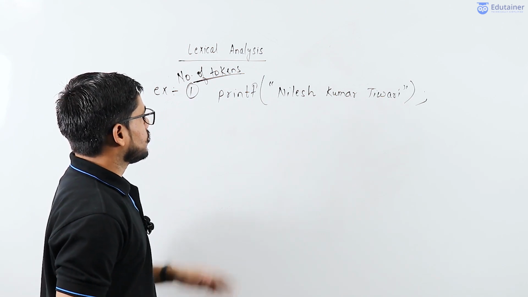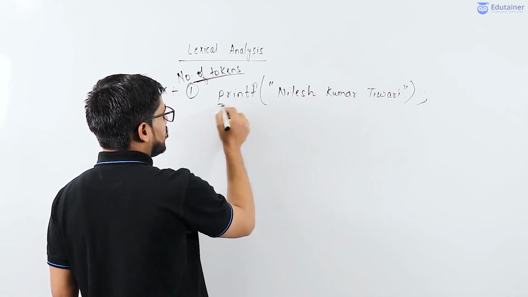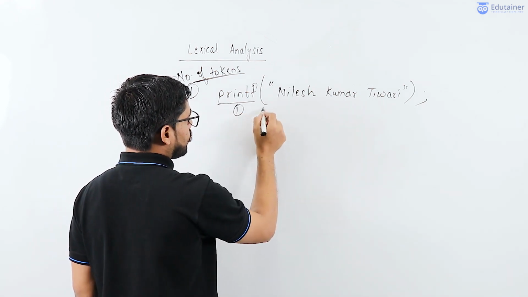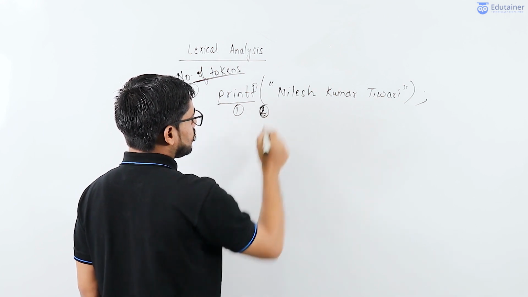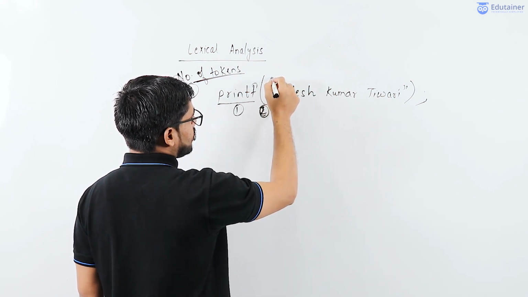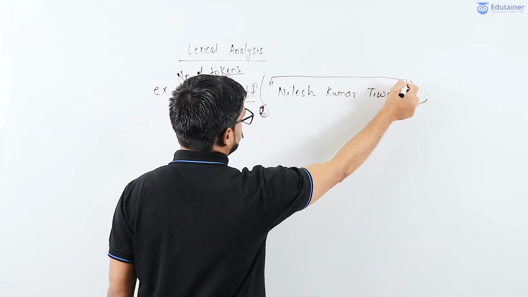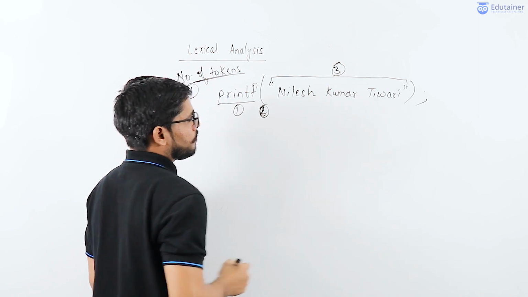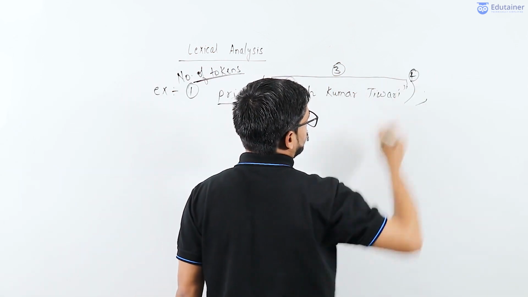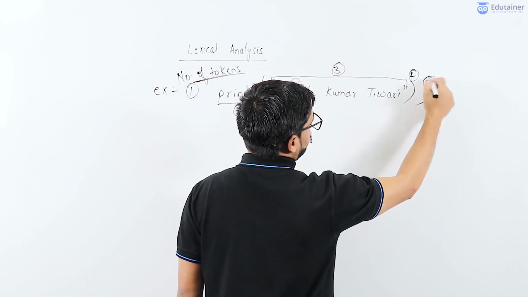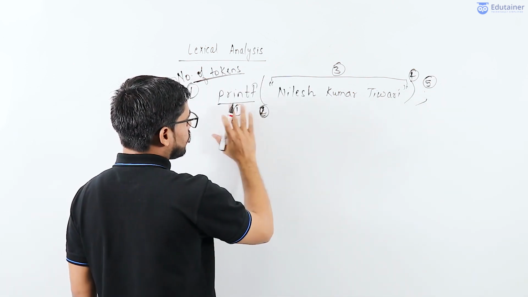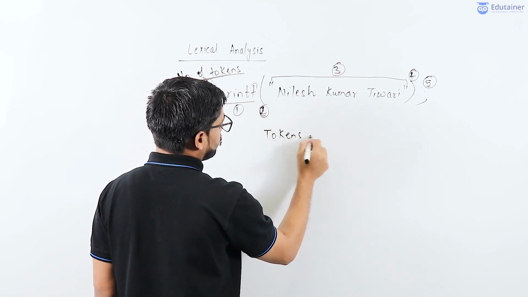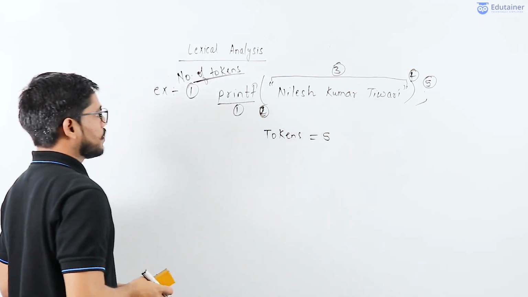Here, the printf word is counted 1, then the open bracket 2. From this double quote to this double quote counts as 1 token, 3. Then the closing bracket, token 4, and finally the semicolon, 5. So in this particular line the total number of tokens is 5.